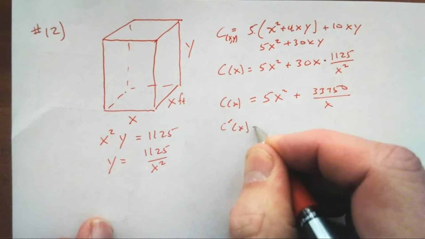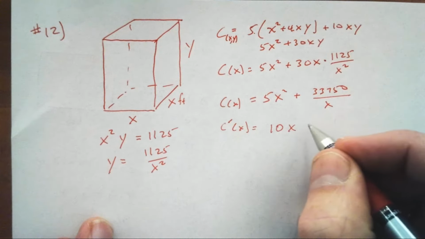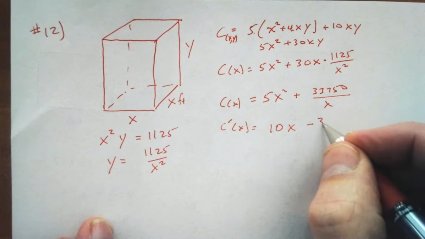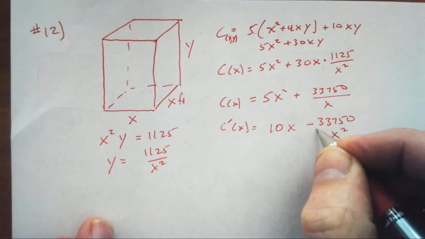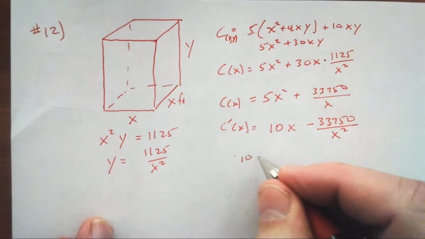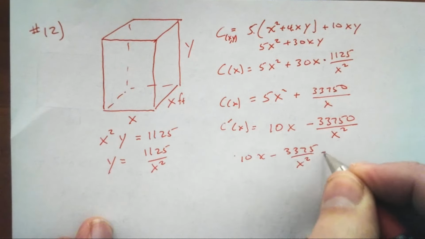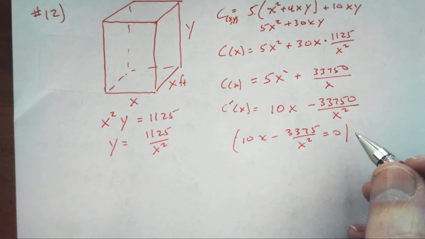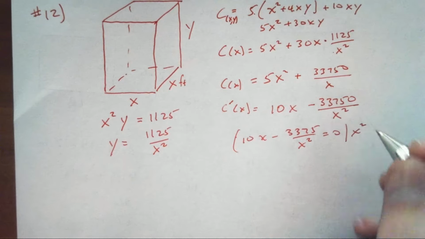But let's go ahead and find our derivative. C prime of x is 10x, if this is x to the negative first, minus 33,750 over x squared. If I want to set that equal to 0, the first thing I would do is multiply both sides by x squared.